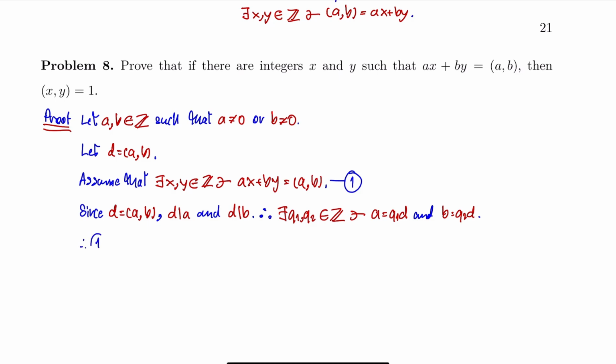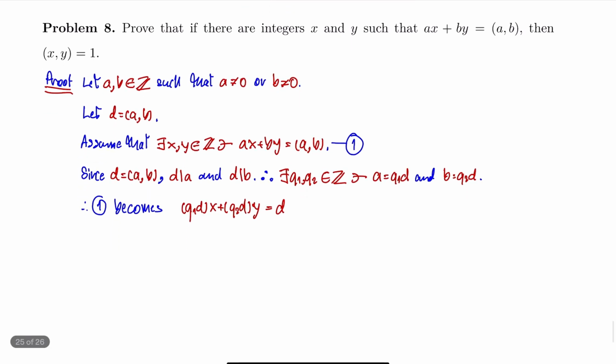So equation 1 becomes, what does it become? a is now q1d, so we have q1d times x plus b is now q2d, q2d times y equals the greatest common divisor of a and b, which is d. And we factor out d, then what do we have? We have d times (q1x plus q2y) equals d.